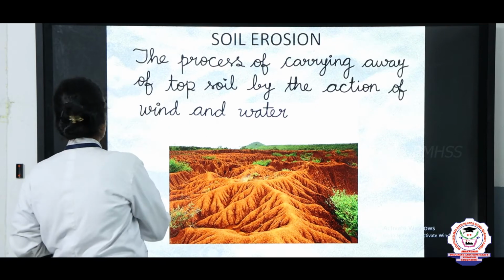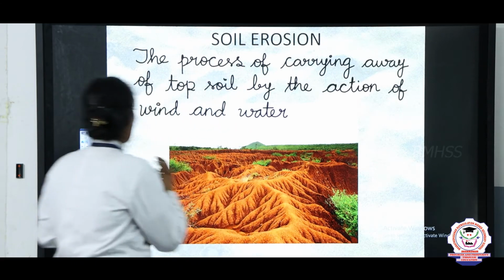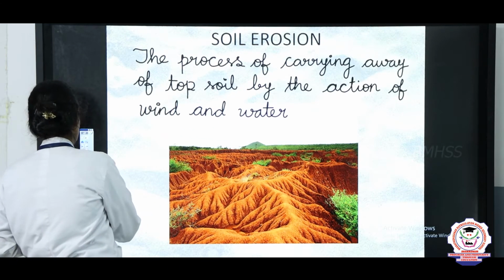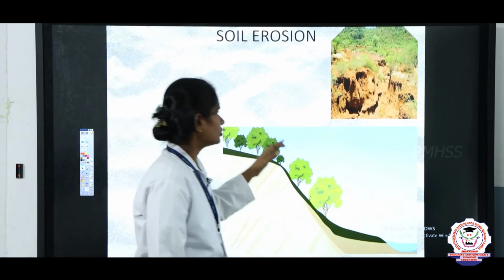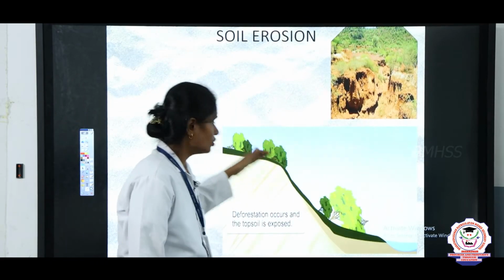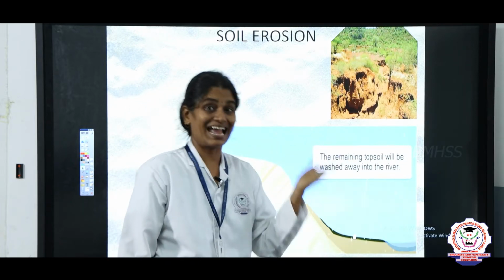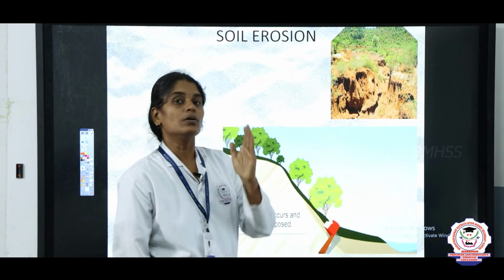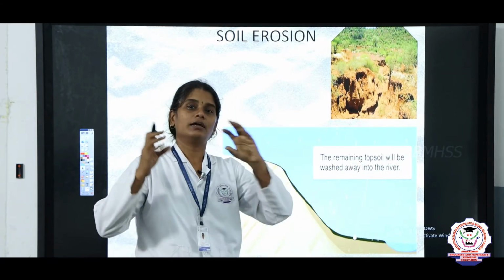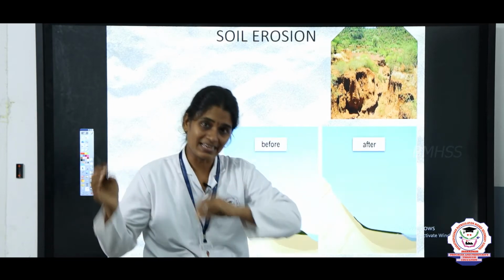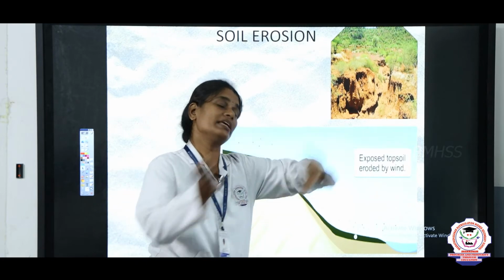So now we will see how this soil erosion is caused. As I already told you, it is caused by the action of wind and water. In many places like deserts and dry lands, there will be strong winds. The strong winds carry the topsoil and remove it from that place to other places.